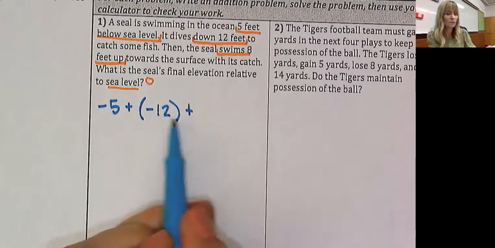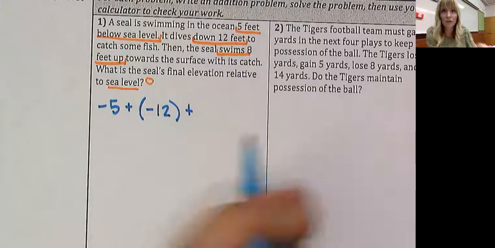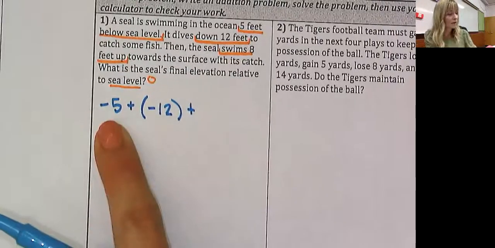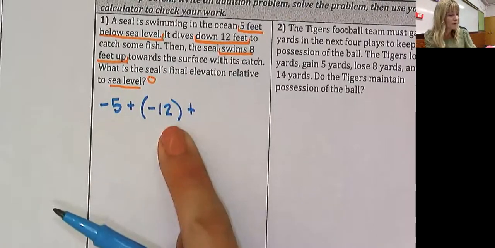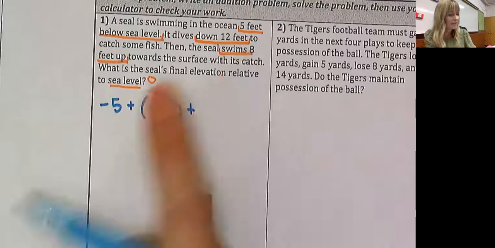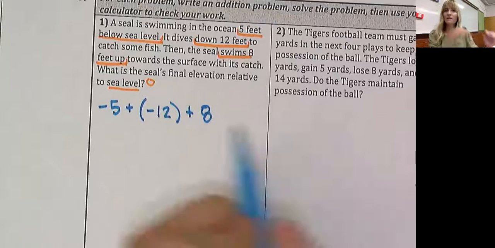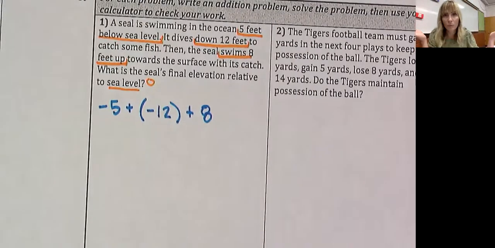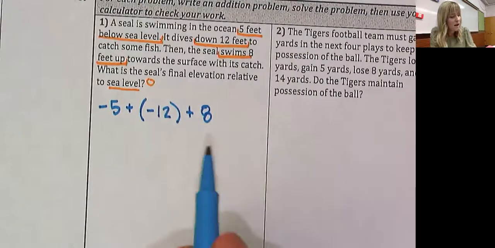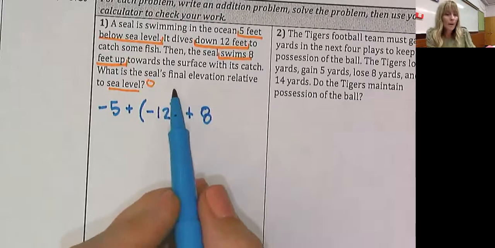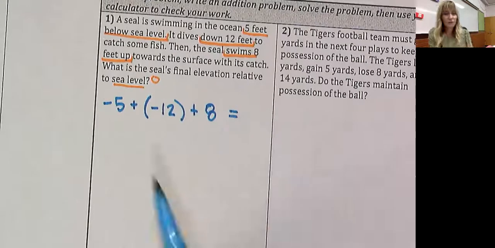But the actual math operation is going to be addition all the way throughout. -5 plus -12, then the seal swims 8 feet up. So that's +8. And remember, if it's a positive, I don't have to do parentheses and put an extra positive symbol. That's just confusing. I can just leave it: 8 means +8. Now, I'm ready to answer this.